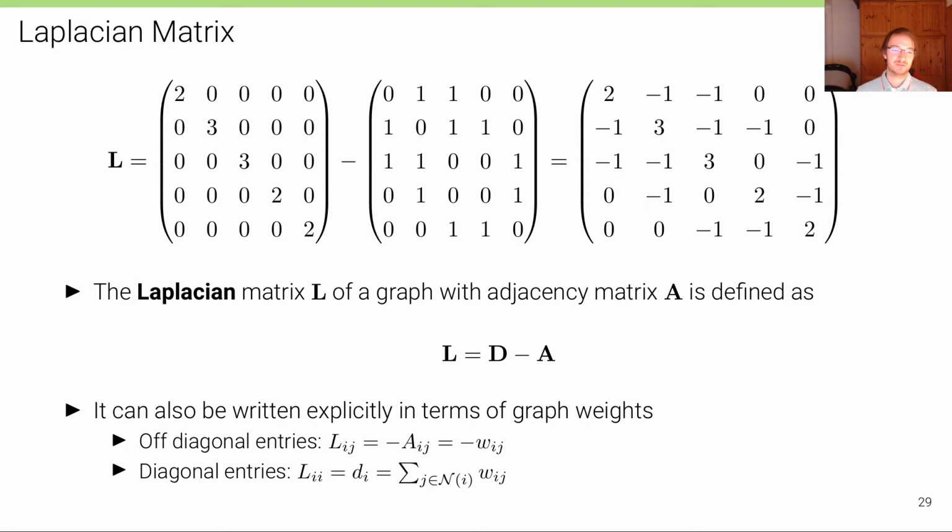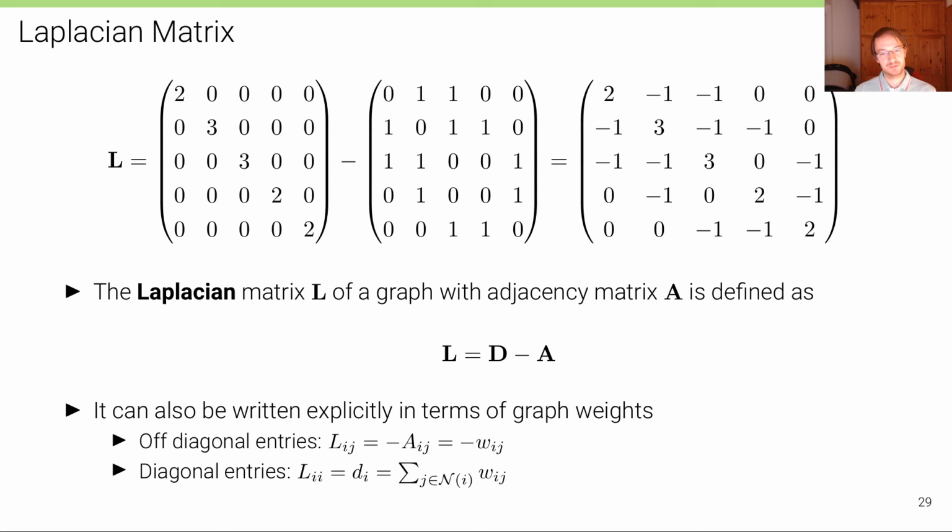The Laplacian matrix on a graph is called the graph Laplacian. And the graph Laplacian has the same properties for a graph as a Laplacian, which is the divergence of the gradient, has on a regular domain.